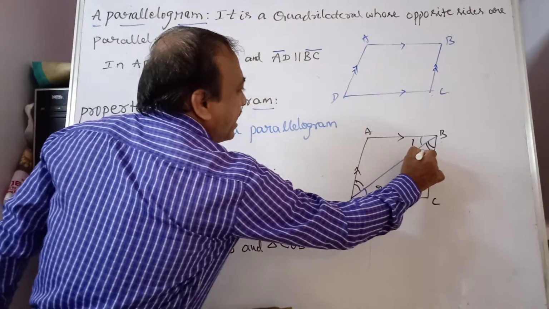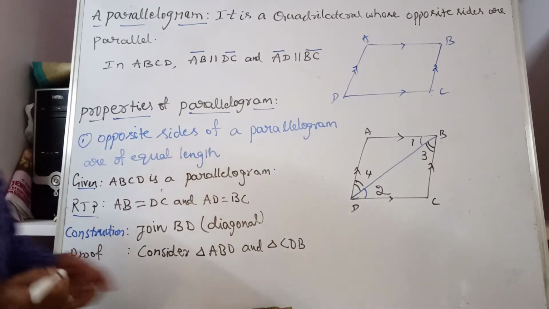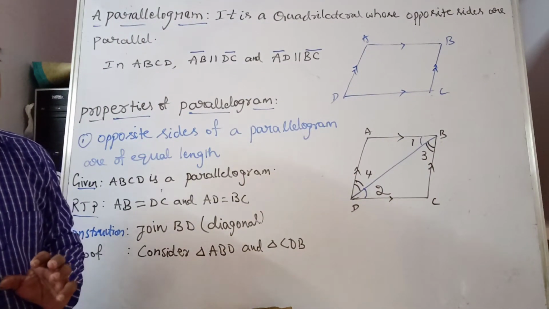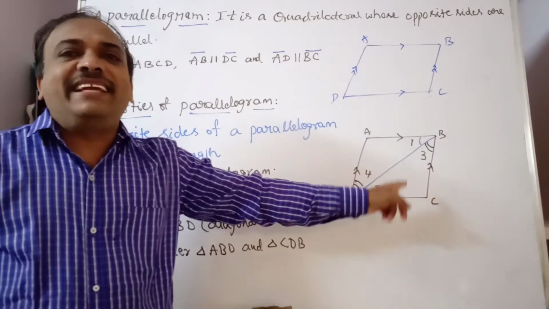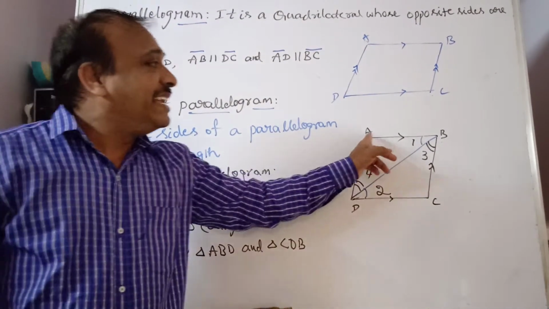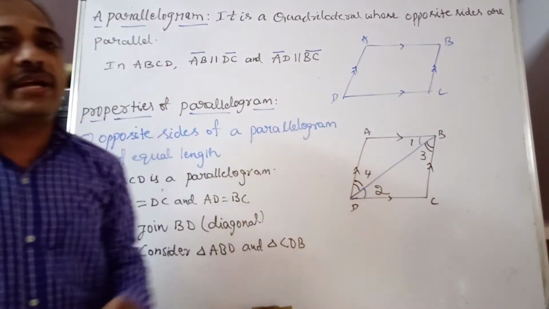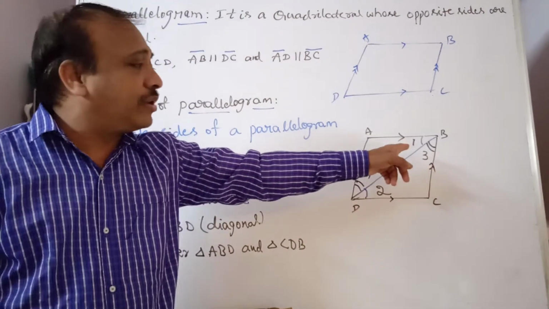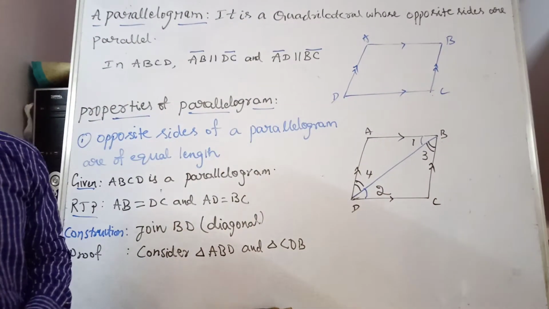Here I will write 3 and here 4. Observe it. Angle 1 is equal to angle 2. Why are they equal? Yes, correct, they are alternate interior angles. Simply you can write ABD is equal to CDB, that is also correct, or singly, angle 1 is equal to angle 2. What is the reason?